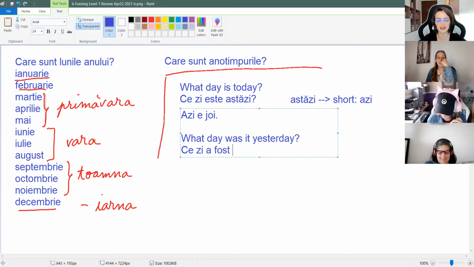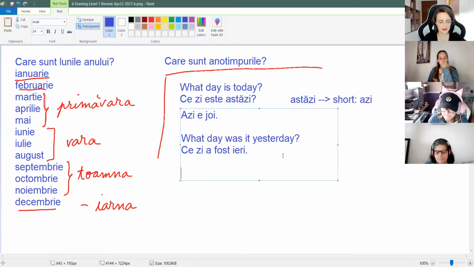And the word for yesterday is? Come on, I know you know it. Does it start with an A? Not yet. It's easier. What's the word for yesterday? It's like the French hier. Yes. Ieri.